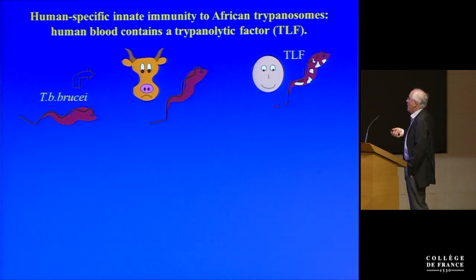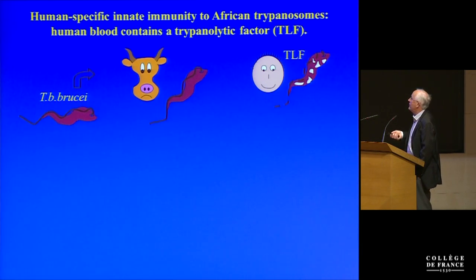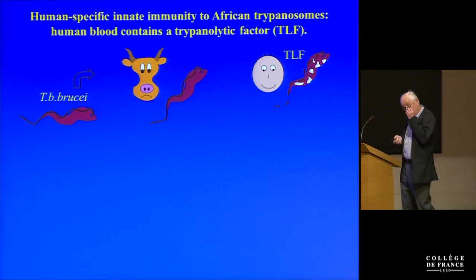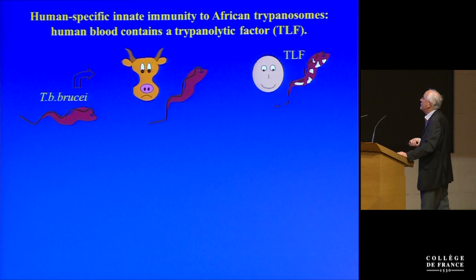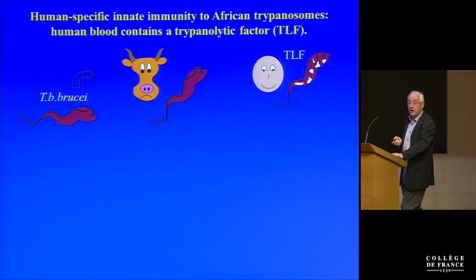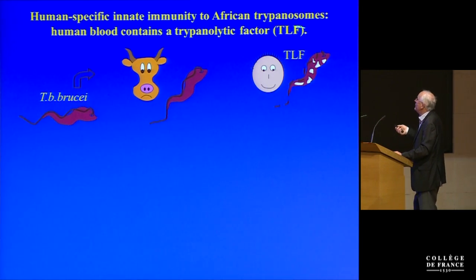The prototype of African trypanosome that I've already mentioned, Trypanosoma brucei, is able to infect, as I said, a wide variety of mammalian hosts like cattle, where the parasite causes a disease which is called Nagana. But specifically in humans, the parasite cannot infect these individuals. And this is also true for gorillas.